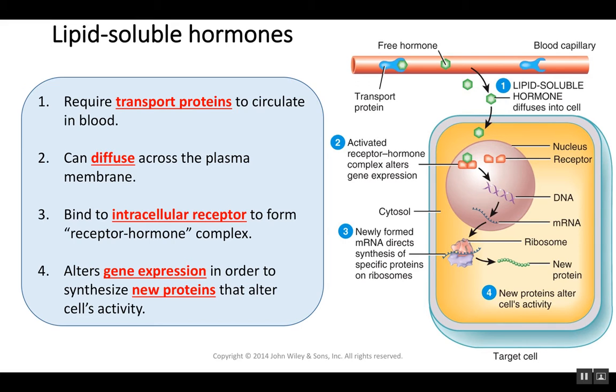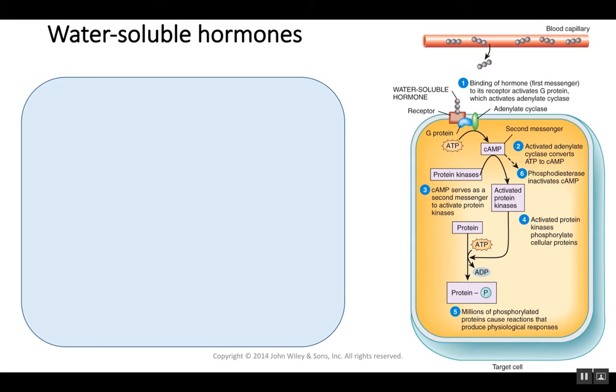So these are the four primary steps in which all lipid-soluble hormones work. The difference is the target might be different, the genes might be different, and therefore the cellular activity might be different. So we want to keep in mind these steps and compare them to how water-soluble hormones work.